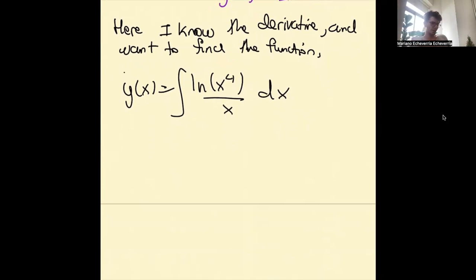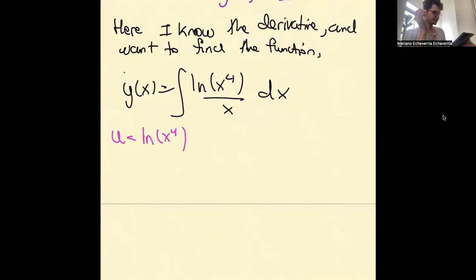So the idea is to remember that a logarithm has derivative 1 over x, right? That's the thing that you have to take advantage of because 1 over x appears here. If you read the solutions, you'll find a slightly different way to do this, but I'm going to do it with a slightly different flavor.